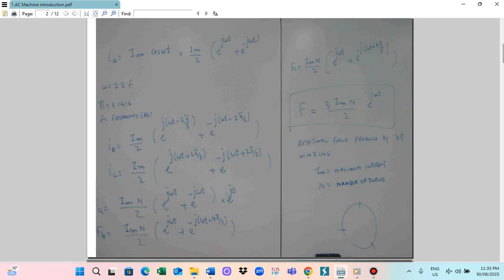So IM multiplied by N divided by 2. IM is the maximum current, and N is the speed, so this is the rotational speed.